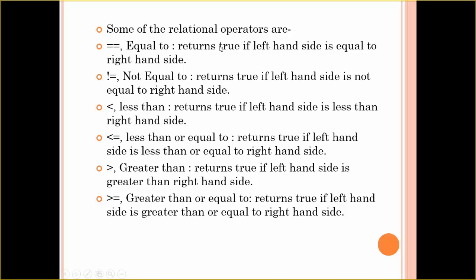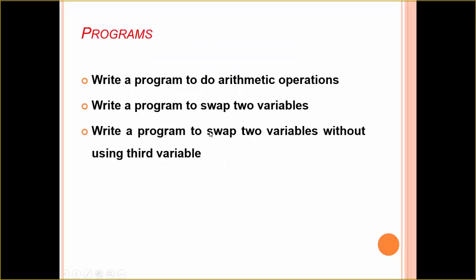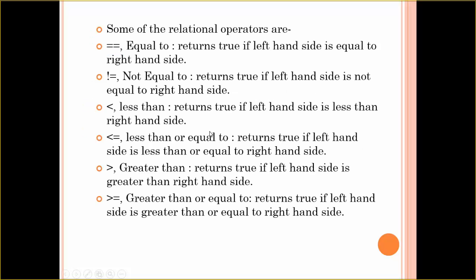Equal to returns true if the left hand side and the right hand side are equal, whereas not equal to returns true if the left hand side is not equal to the right hand side. And we have less than, less than or equal to, greater than or equal to. These are some examples of relational operators.